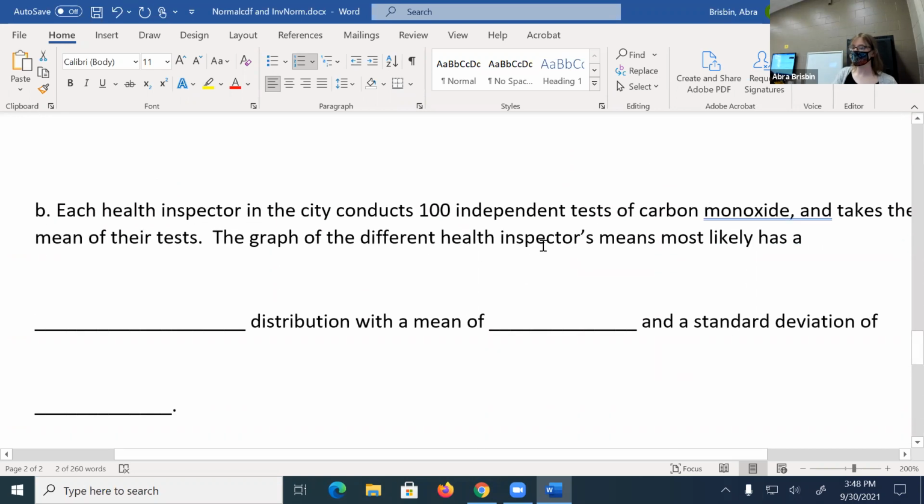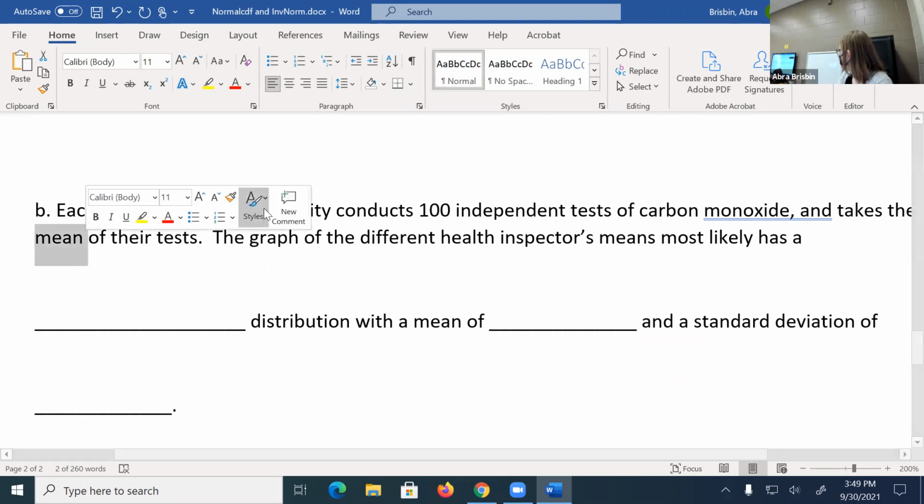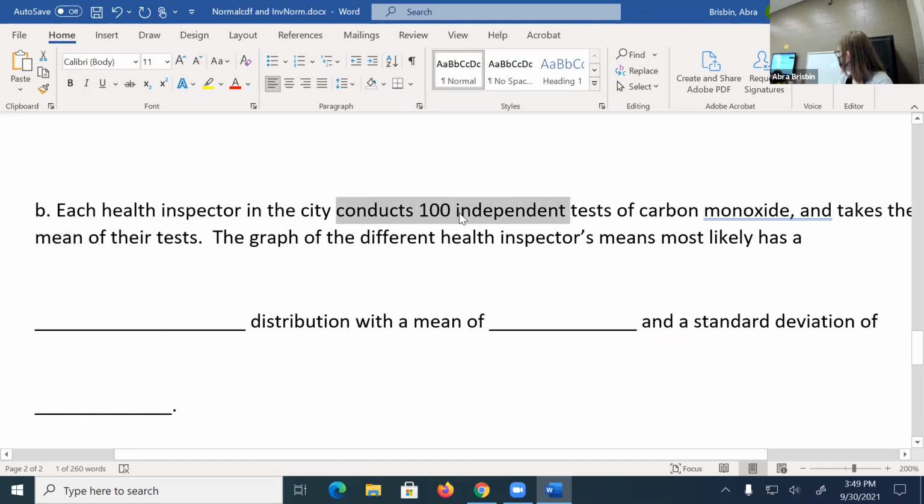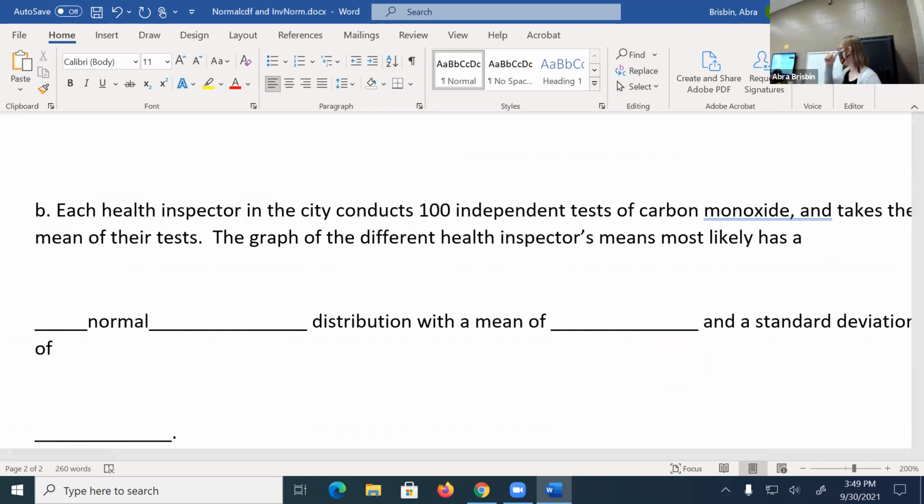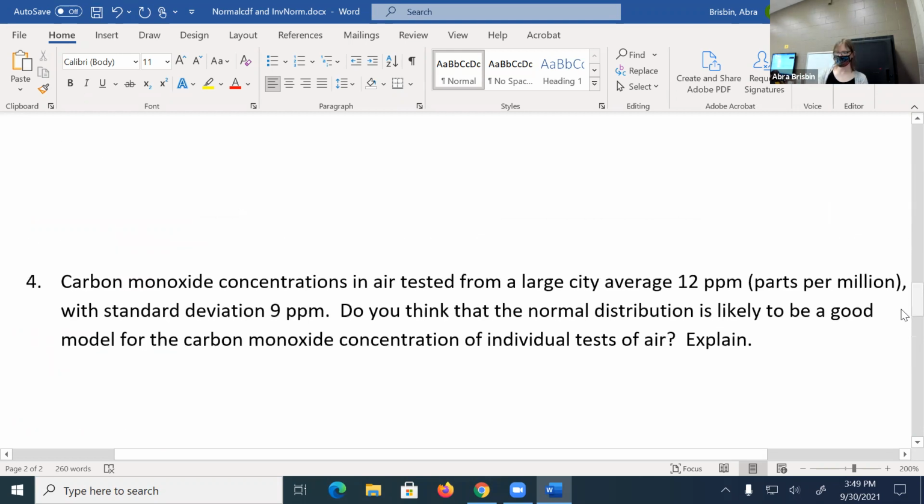Then once we get down to part B, now we're taking the mean of samples of size 100. So this probably does have an approximately normal distribution, because now we are talking about the means of a large number of samples. What's the mean gonna be? Yeah, it's gonna be the same as the mean in the population.